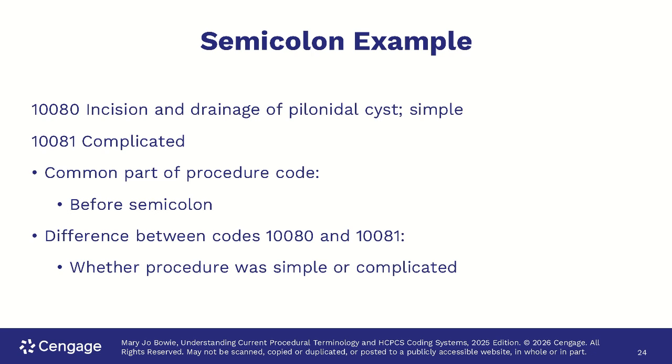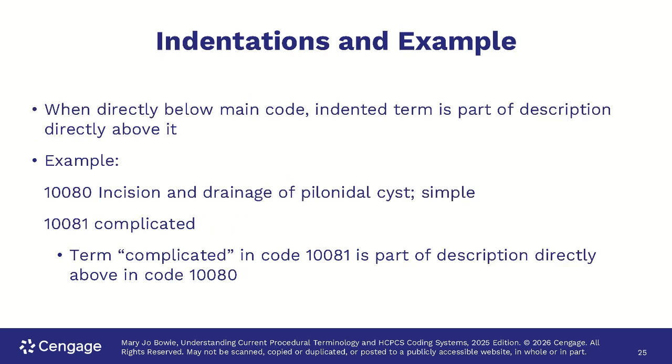So 180 is an incision and drainage of a pilonidal cyst, simple. 181, incision and drainage of a pilonidal cyst, complicated. Now, one question that's coming to mind for you right now is, do I report both of those codes? No. Based on your documentation, you're going to select either the simple or the complicated.